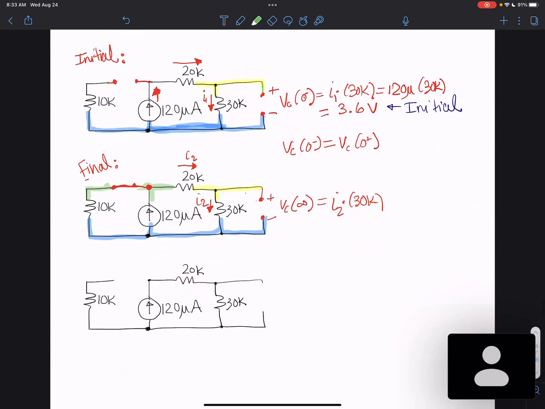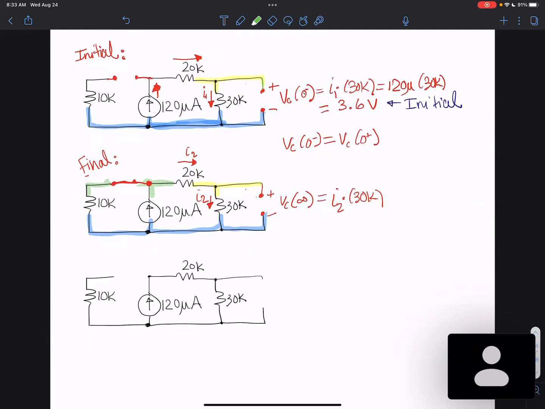So a little bit shorter step than doing two full loops and a KCL would be to use node voltage, which combines them together as one. So you could also use node voltage on this.